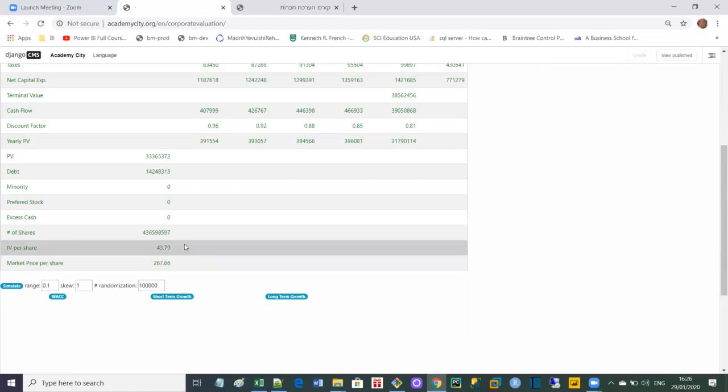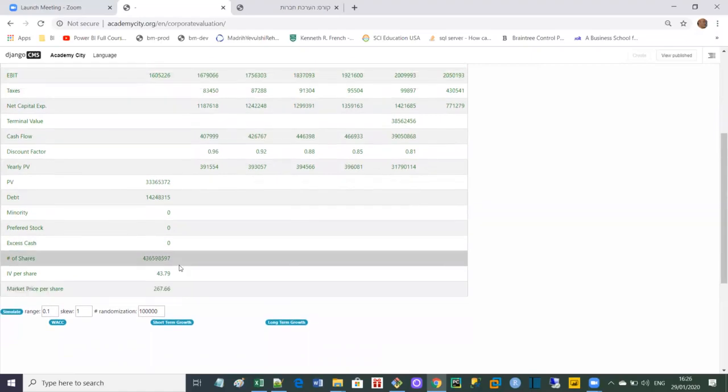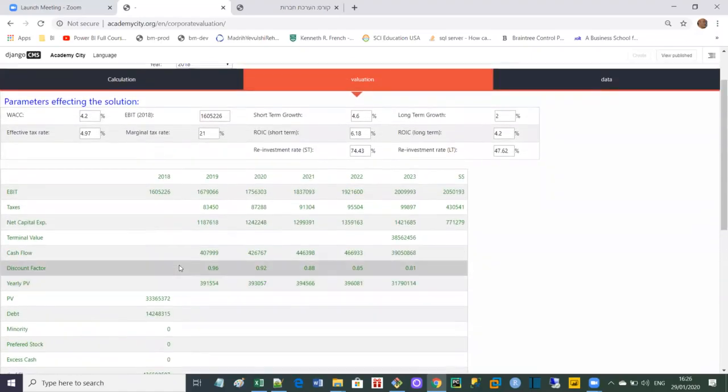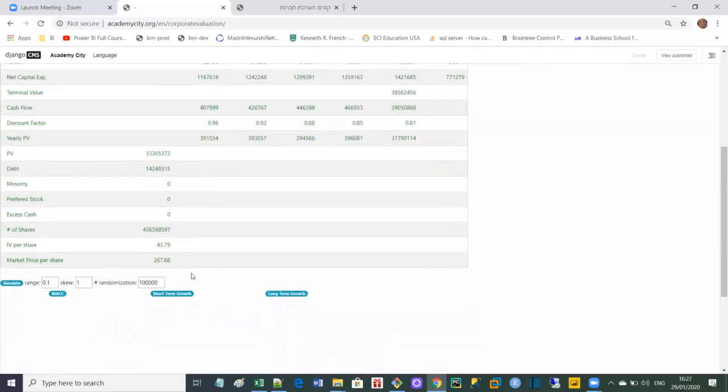This number we should compare to the market price per share. I mentioned in the previous video that some people, in fact, including myself, try to push all this. And when I see such a difference, that's already a big difference.